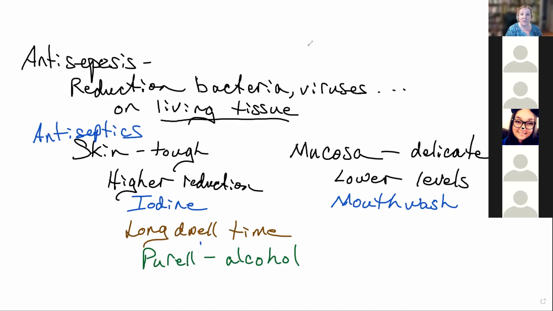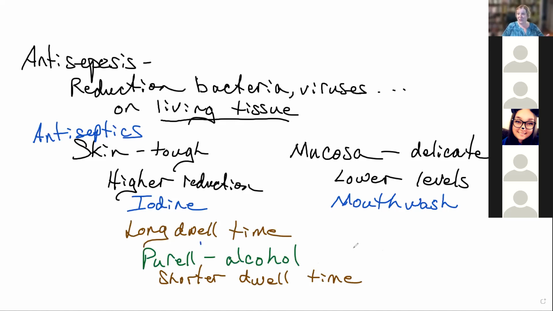It has a shorter dwell time. In other words, it's going to stay on the skin for a shorter amount of time because that alcohol is going to evaporate off. And so alcohol is not going to reduce the numbers of bacteria or other microbes on your skin as well as iodine, but it's less expensive to use alcohol.